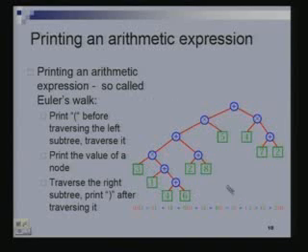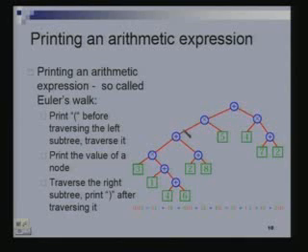So suppose this is the tree corresponding to a certain arithmetic expression. I want to print this arithmetic expression out with parentheses. Right? I want to draw the parentheses, so I want to print it out in this manner. Okay, so I can do an Euler walk to print this.